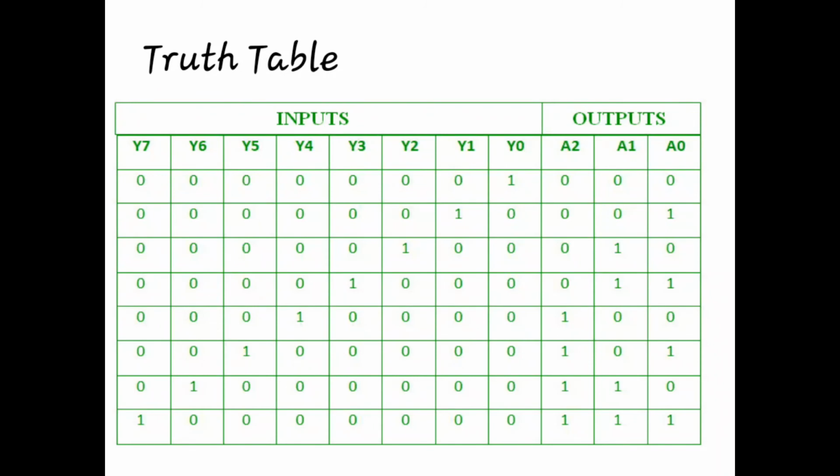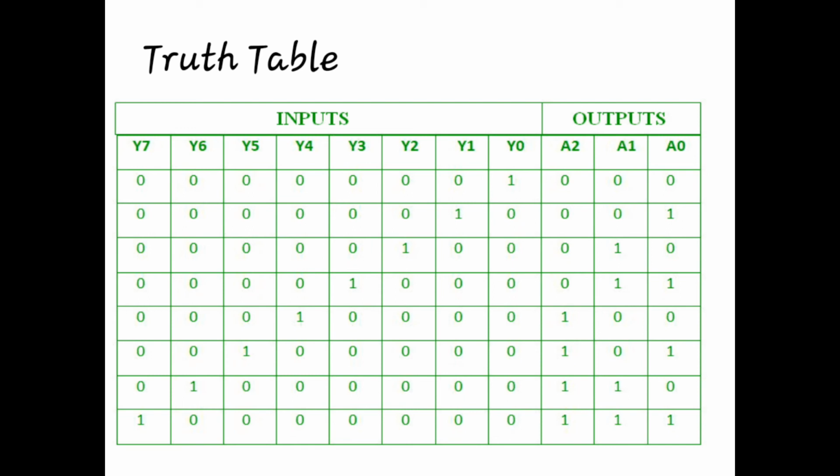Now the truth table. If we talk about the truth table of this 8 by 3 line encoder, then just like 4 by 2, one can simply write or learn it, but the basic concept that one should know is we have to keep one input line active at a time, which results in a binary code available over the output lines A0, A1 and A2.